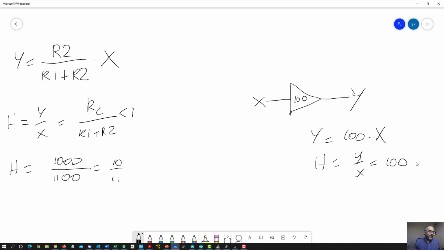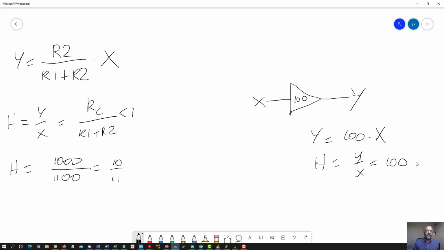So these are of course very simple examples, but in these simple examples, it's very easy to calculate the transfer function. This is especially easy because here always the output immediately follows the input. There's no delay. At least we don't take the delay into account. If there would be a delay, then things would become a bit more complicated.